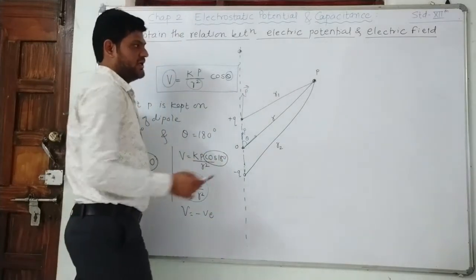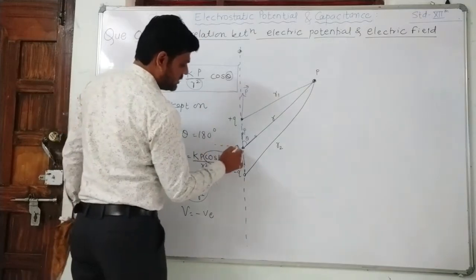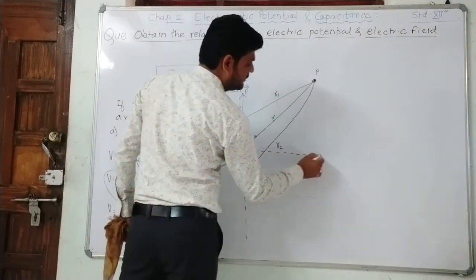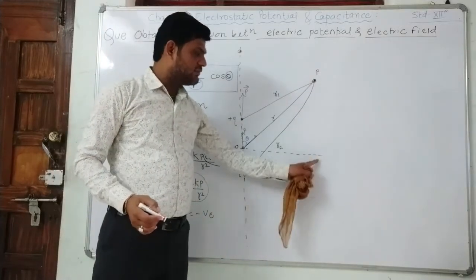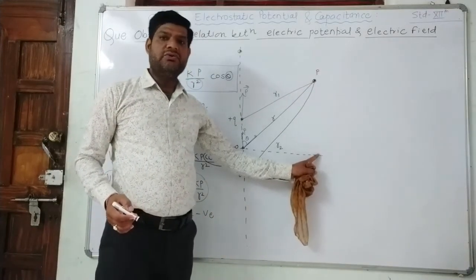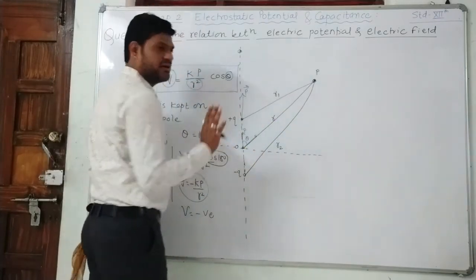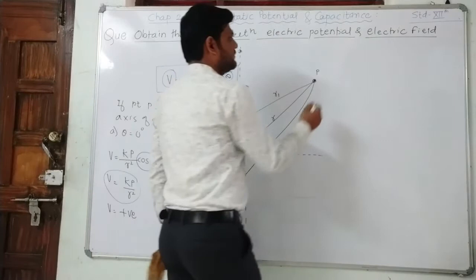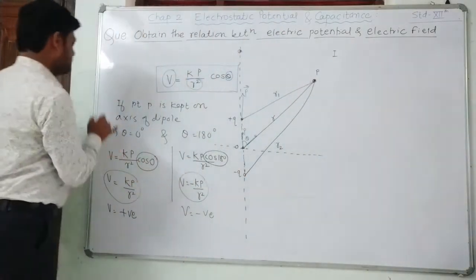What will happen if the point P is kept over here, on the equator line of the dipole? P will be over here and the angle becomes 90 degrees. This is case number 2, and the earlier one is case number 1.